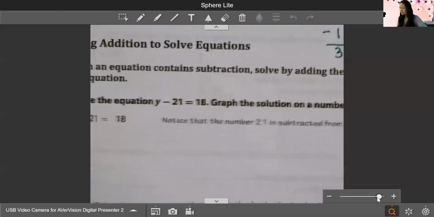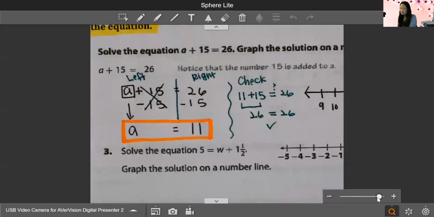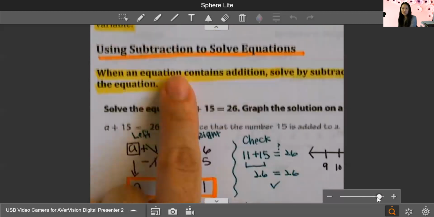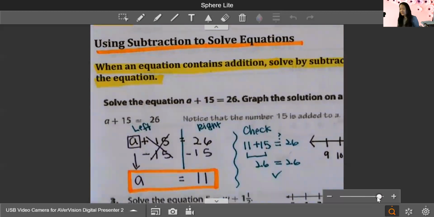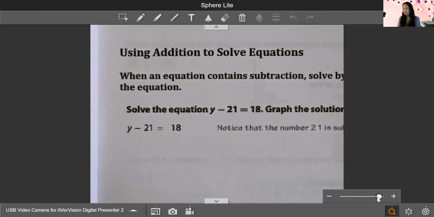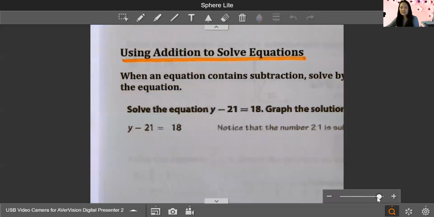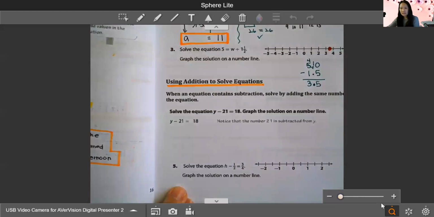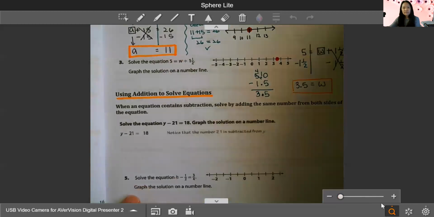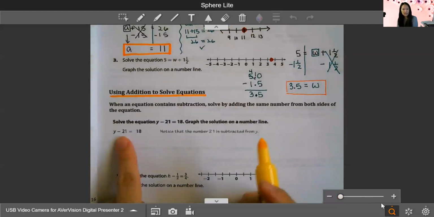The next part of the lesson is similar to what we just did, but first it was called using subtraction to solve equations. This time it's very similar, but you're going to be using addition to solve equations. Okay? So in this case, what you're going to see in the problems is that in the original problem there's subtraction.